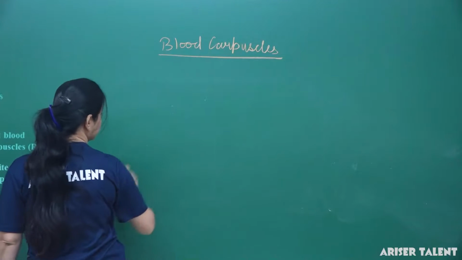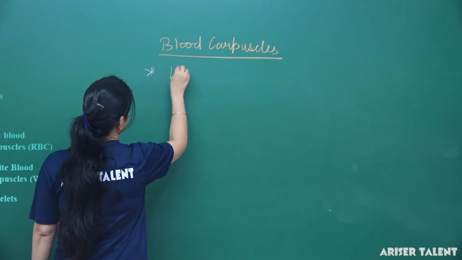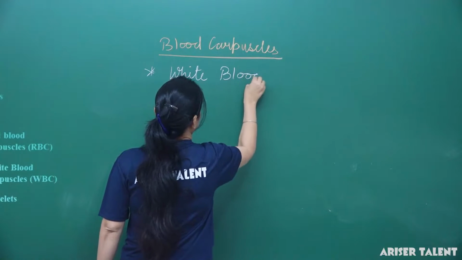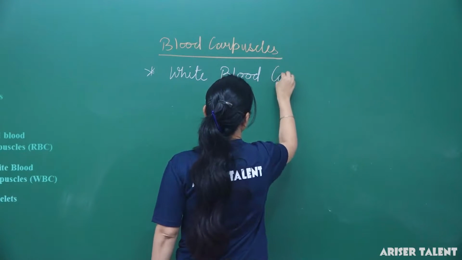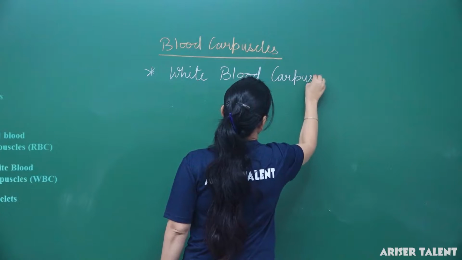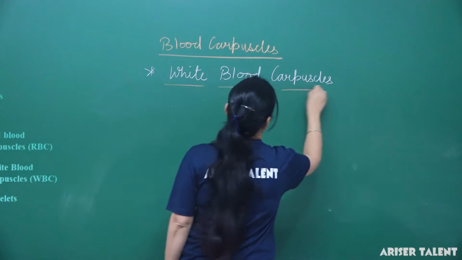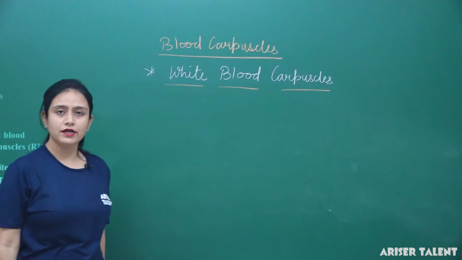Next is white blood corpuscles. Generally, white blood corpuscles are also known as WBC.